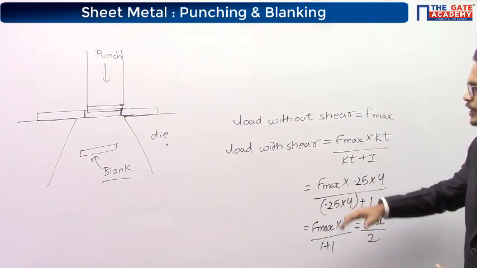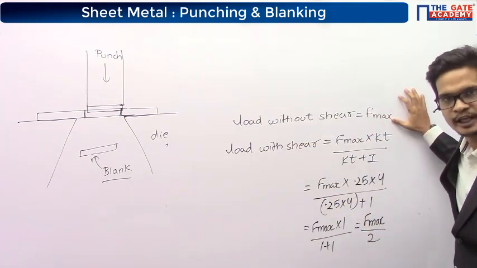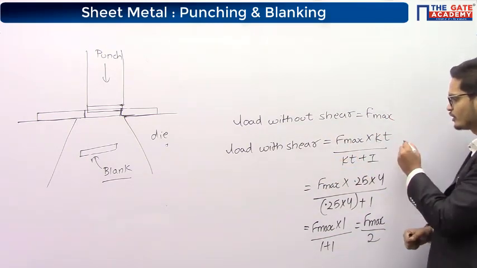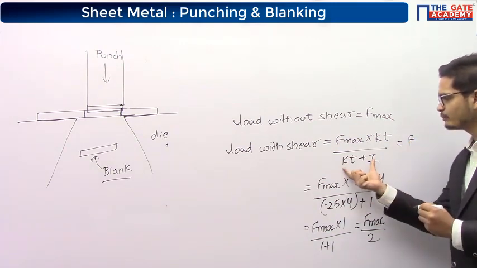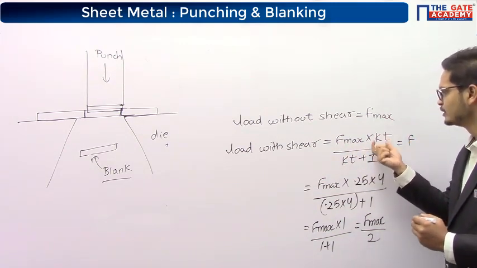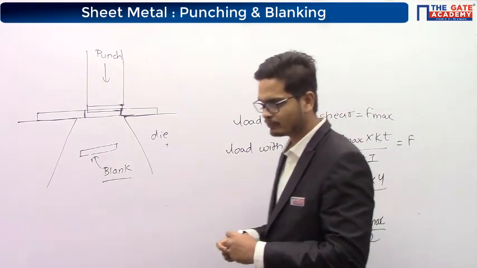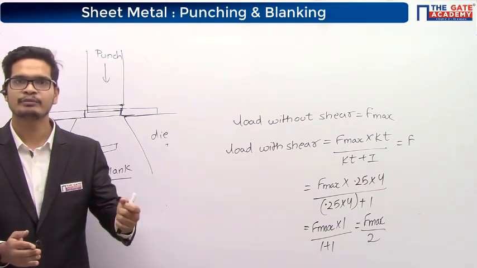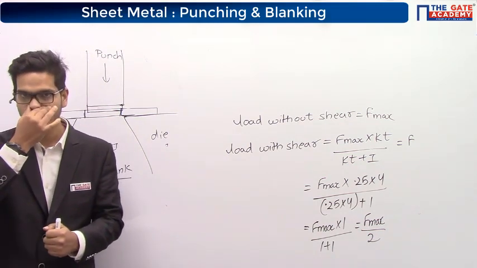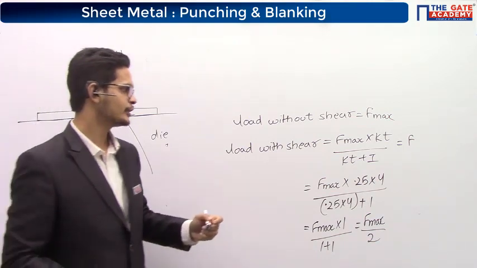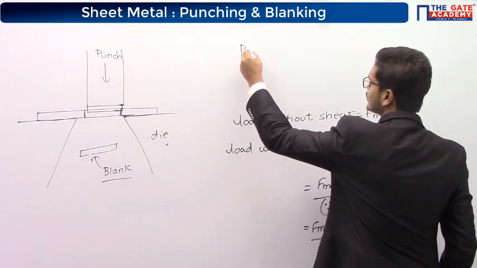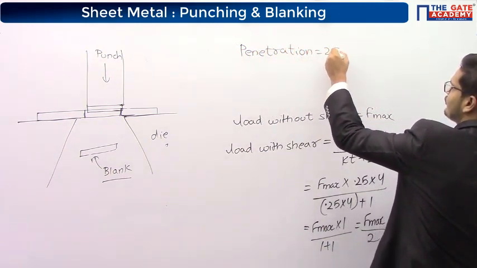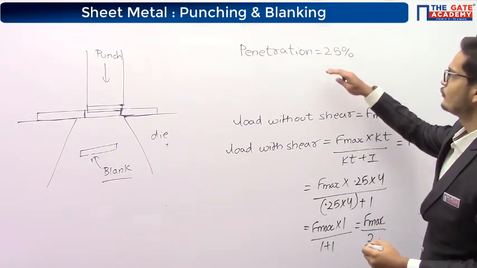Okay, so you can have a look here. Load without shear will be F max, right? Load with shear, how do we get? By equating the work done. So work done was F into KT plus I. It is equal to F max into KT. Now K, here they have given the penetration is 25%. It means K becomes 0.25. Right? Penetration is 25% of what?